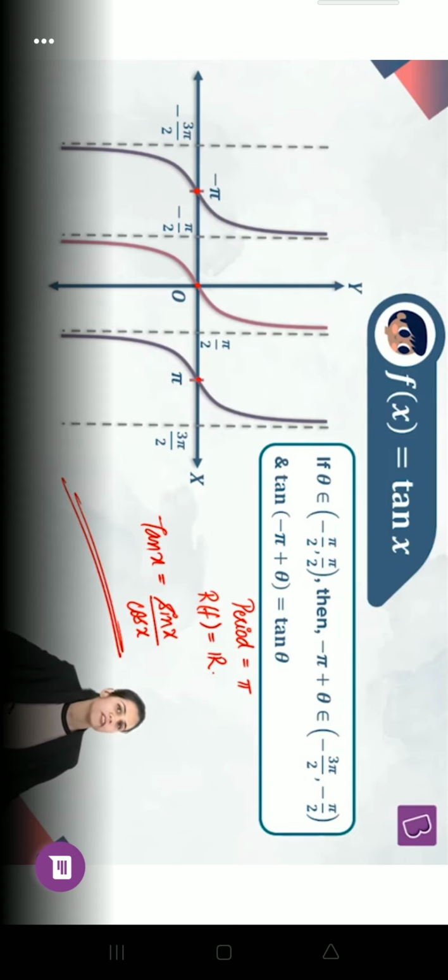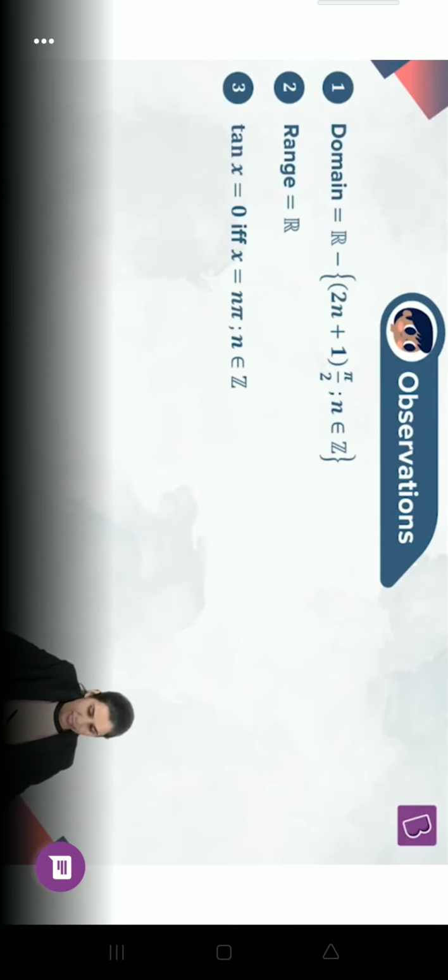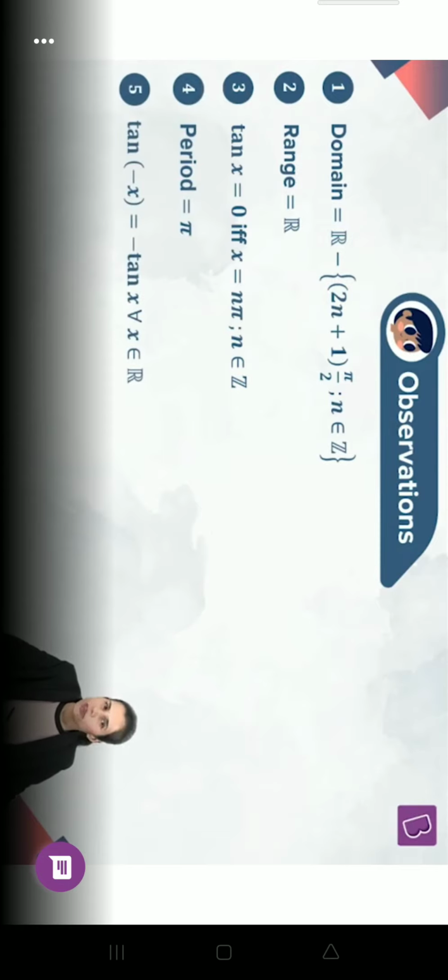And so on. Now, in the interval 0 to pi, you know, this is the graph of the sine function. And hence, in the interval 0 to pi, its reciprocal cosec will have this graph. Yeah? Similarly, in the interval pi to 2 pi, this is the graph of the sine function. Do you agree? And hence, in the interval pi to 2 pi, its reciprocal will have this graph, and so on.